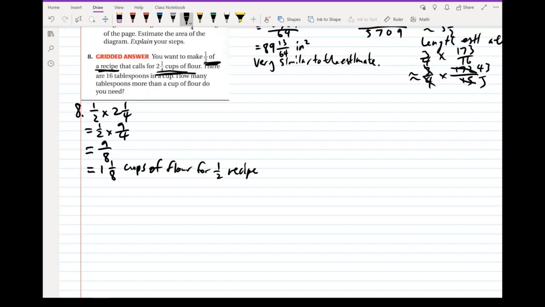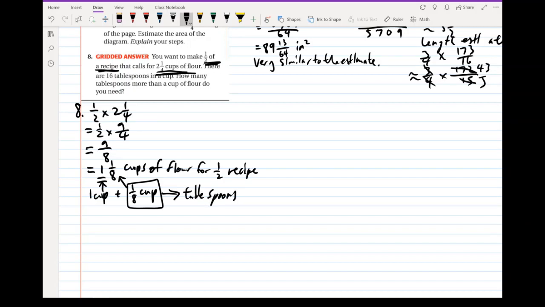And then it says there are 16 tablespoons in a cup. How many tablespoons more than a cup of flour do we need? Now we already know we need 1 cup of flour. That's one cup. And then we also need plus 1/8 cup extra. And so what we need to do is convert that 1/8 cup into tablespoons.